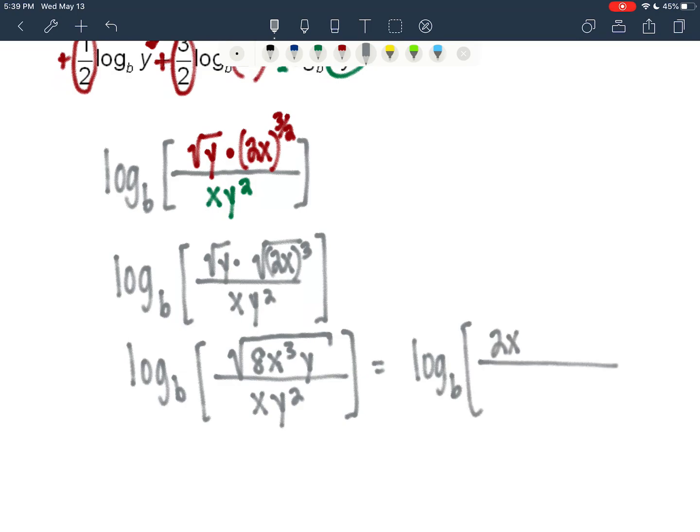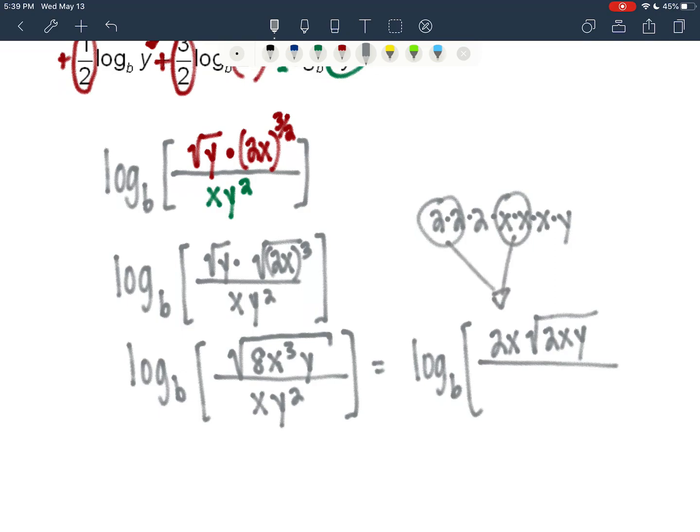So I can break down that radical, and that would leave me a 2xy, right? Because 2, 2, 2, x, x, x, and a y. I'd have a pair of 2's, a pair of x's, so that's where the 2x comes from. And then what's left over is 2xy, and then xy squared, right?